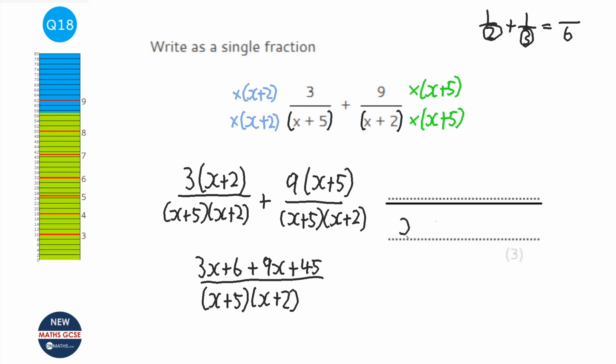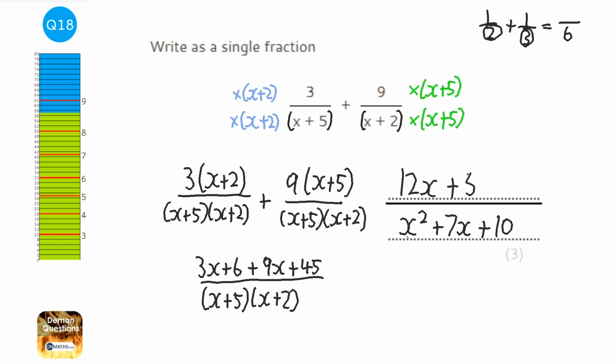So the bottom will be x squared plus 7x plus 10. If you don't know how to do that, see our video on expanding quadratic brackets. And let's collect the like terms at the top. So 3x plus 9x is 12x, and then 6 plus 45 is 51, and that's my final answer.